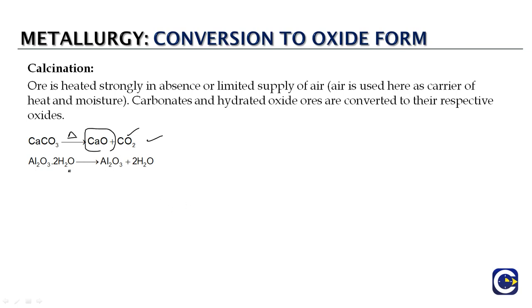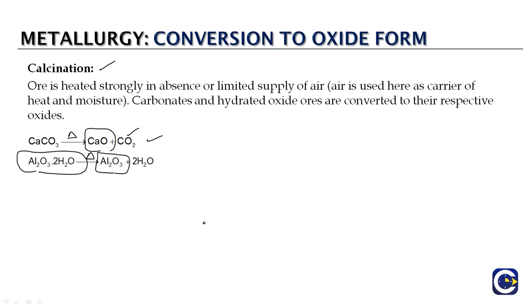It is also used to obtain the oxide form of the ore from hydrated oxides. Like in the case of bauxite, when we are leaching alumina from bauxite, we produce hydrated aluminum oxide. On heating hydrated aluminum oxide, we get alumina, or Al2O3. So this method can be used both for carbonate ores as well as for hydrated oxides. This is about calcination.